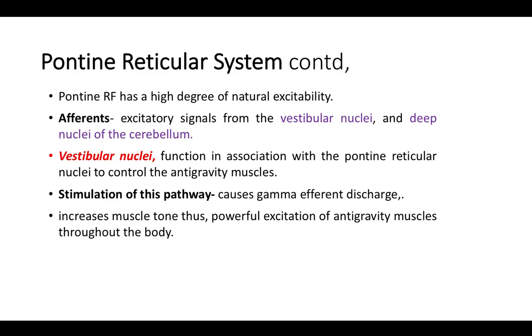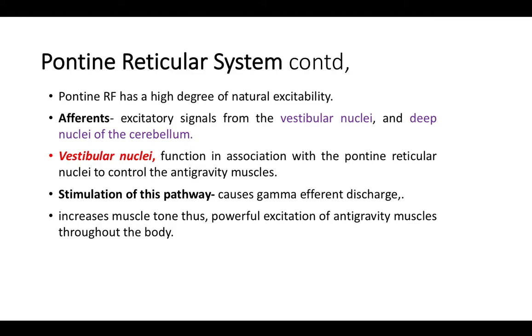Now, what is the mechanism by which this excitation occurs? This excitation of anti-gravity muscles occurs by increasing the gamma efferent discharge. So, students, at this point, if you do not remember gamma efferents and their importance, you must go back and read the innervation of muscle spindle in order to understand what gamma efferents are doing.